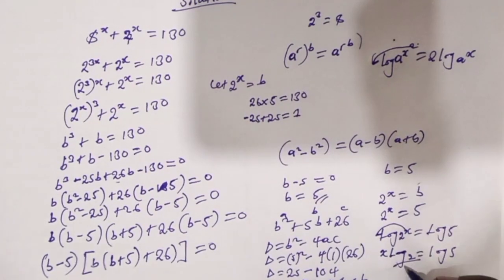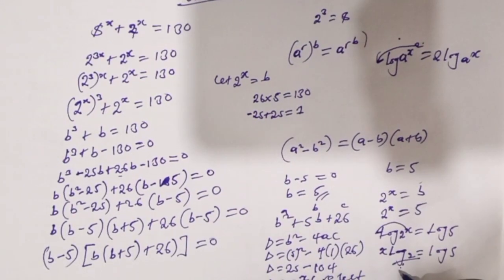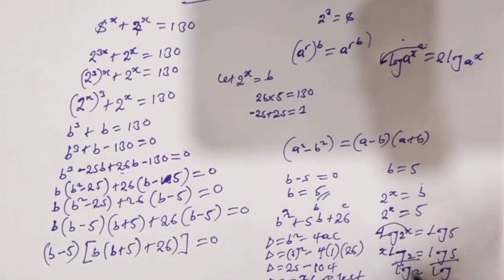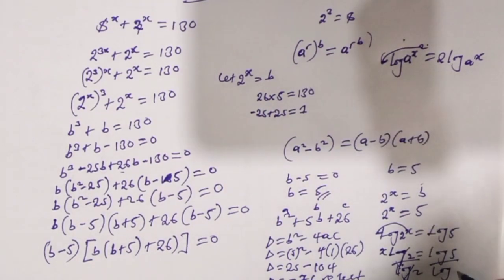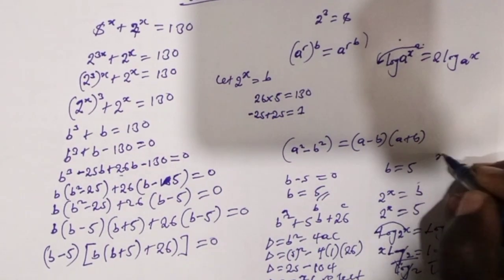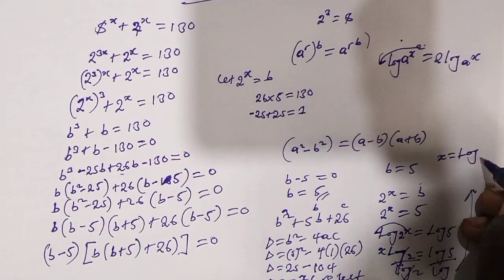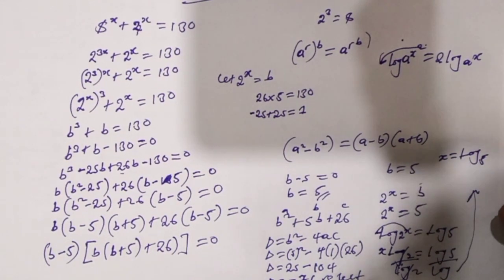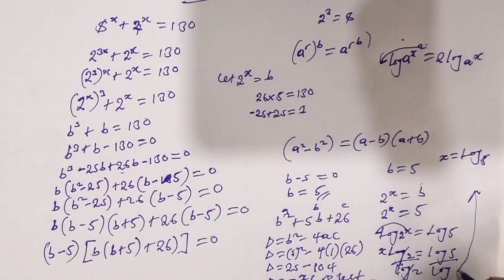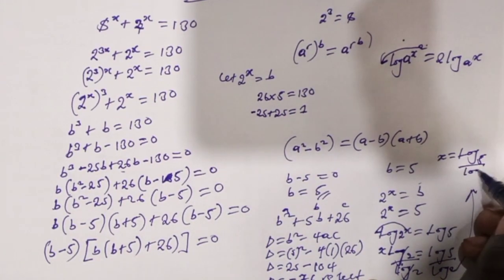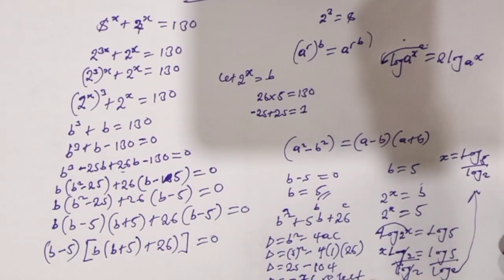Then we divide both sides by log 2, so x equals log 5 over log 2.